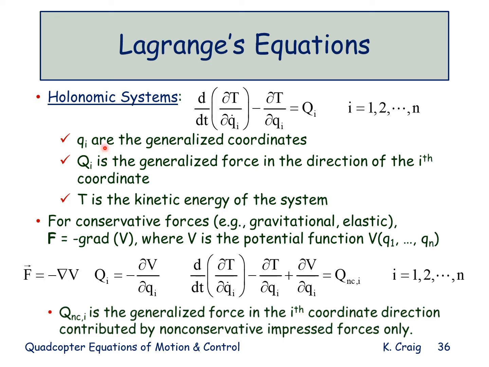As we mentioned, small q sub i are the generalized coordinates, and T is the kinetic energy of the system.